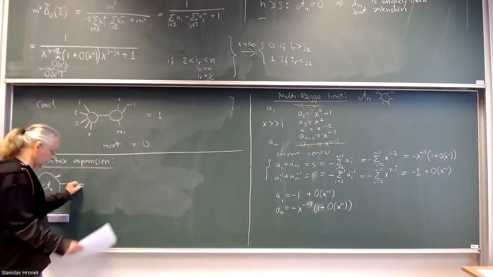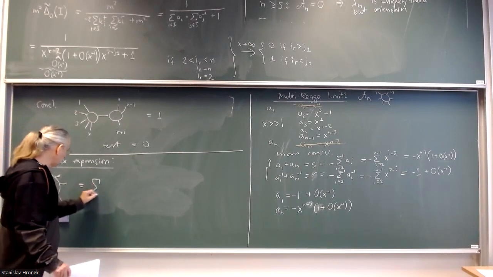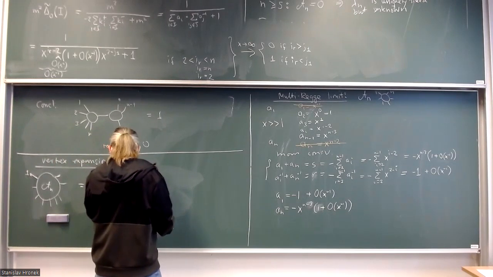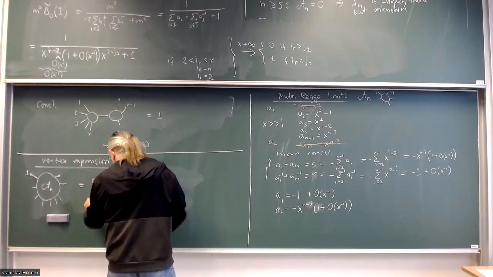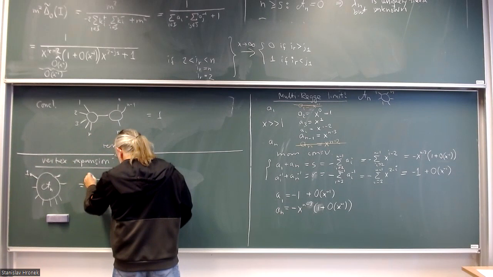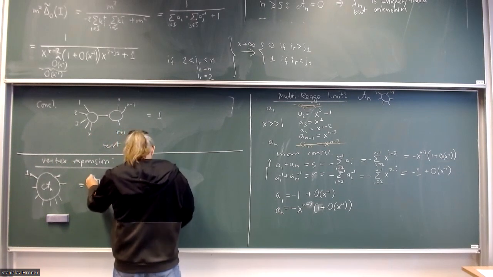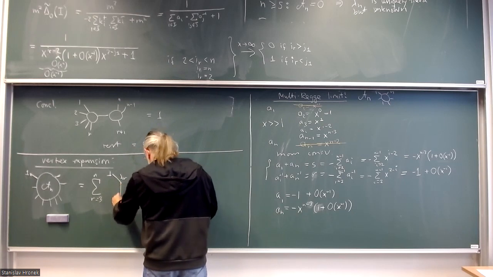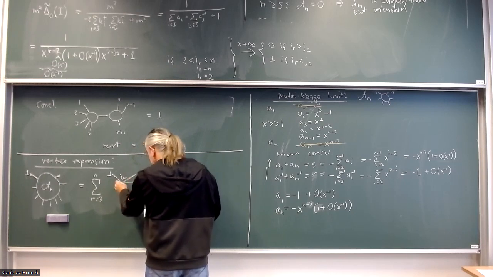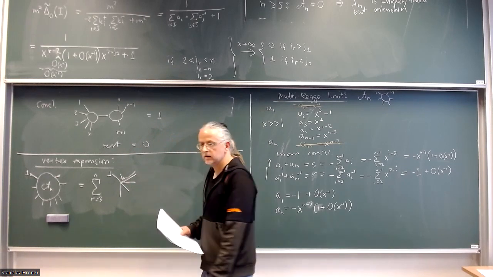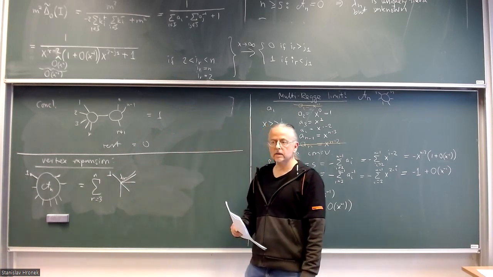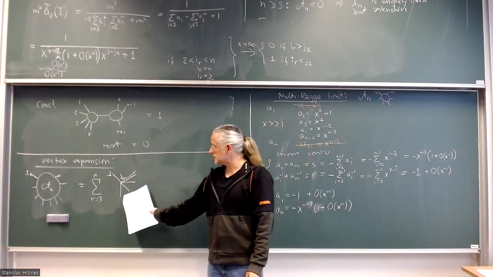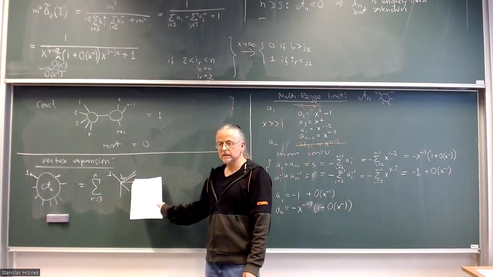So it will be equal to a sum of vertices 1 to lambda r, so r going from 3 to n, like that. And then there will be legs out of that vertex here. And then two things can happen: either the legs are internal or they're external.